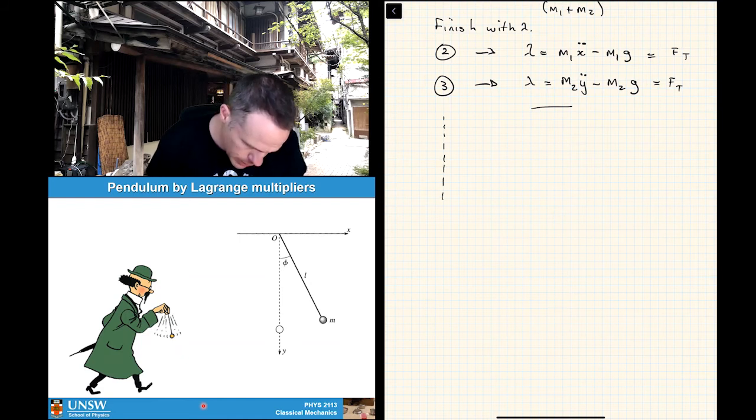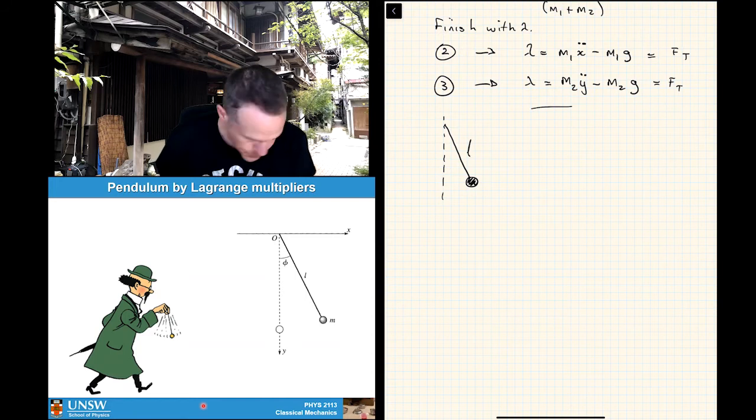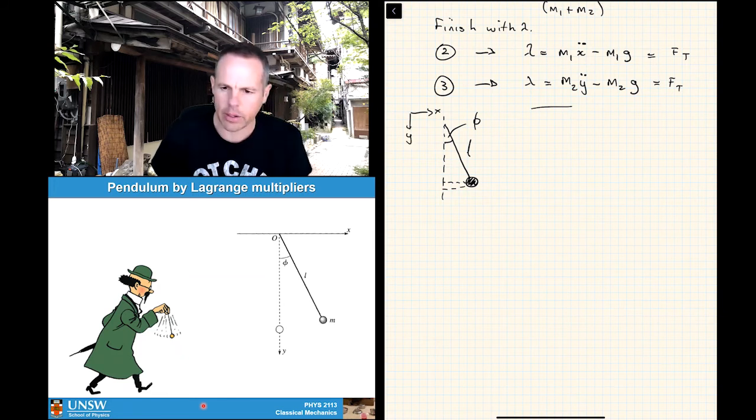What we've got is a mass on a string again, length L, angle phi in here. Set up our coordinate system, x and y, and this time I'm actually going to care a little bit about y.